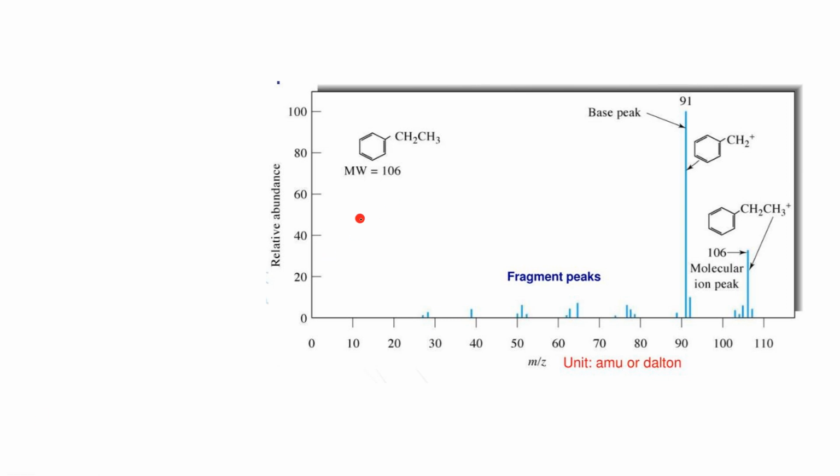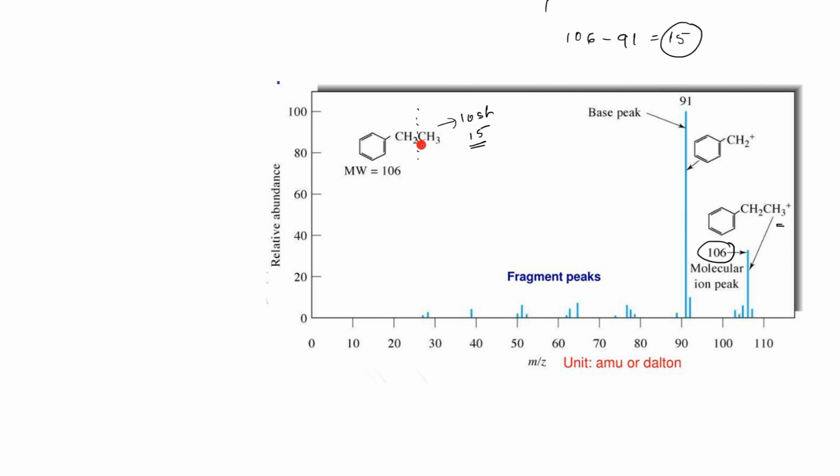This is your M+ molecular ion peak, which is 106. For alkyl groups, if fragmentation takes place over here, this CH3 is lost. What is the mass of CH3? 15. You can start like this: 106 minus 91. What is the value? 15.